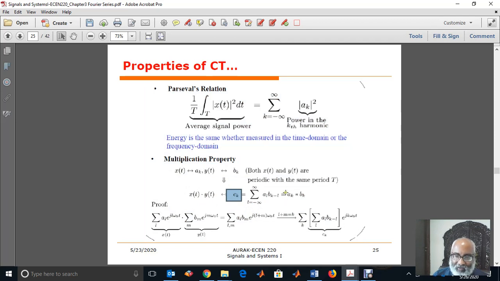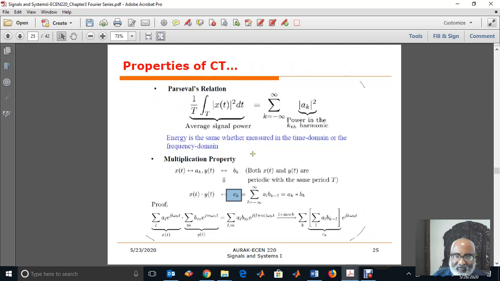Remember convolution. Now we do the convolution and our axis will be k now. So it is a discrete time convolution, that means a_k convolved with b_k, and of course you will get a periodic signal also in discrete time. So multiplication in time domain will be convolution in frequency domain.